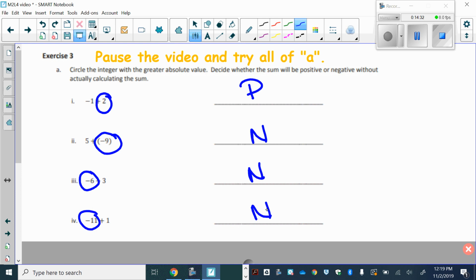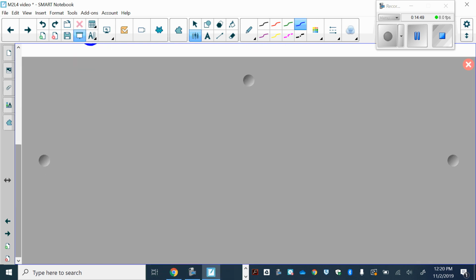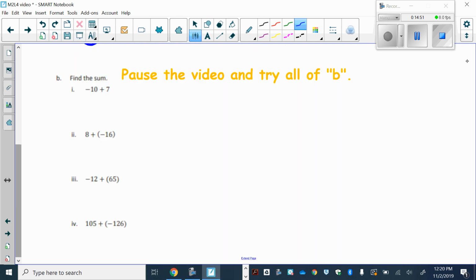Sometimes the longer arrow, or greater absolute value, is the first addend. Sometimes the longer arrow, greater absolute value, is the second addend. Whichever is the longer arrow, which would then be the greater absolute value, that is the sign of your answer. Why don't you try these problems?